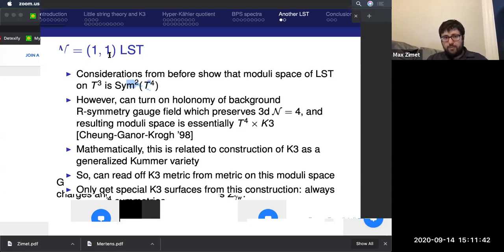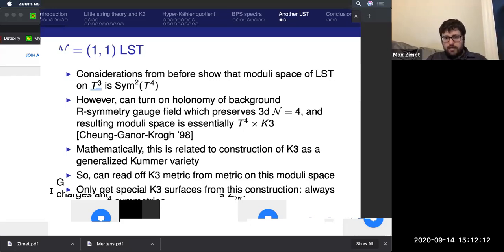And in particular, we don't treat the 3 cycles of this T3 on the same footing. We single out one of the circles as very special. If we only turn on the R symmetry holonomy on that 3rd circle, but not the first 2, then the BPS state counting problem one has to solve is in the maximally supersymmetric little string theory, just compactified on T2 with no R symmetry holonomies at all.